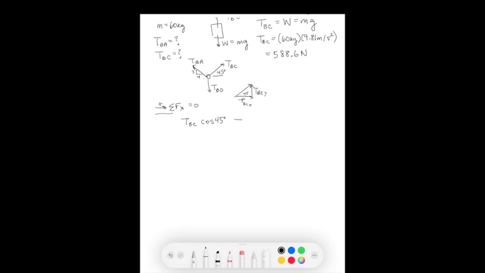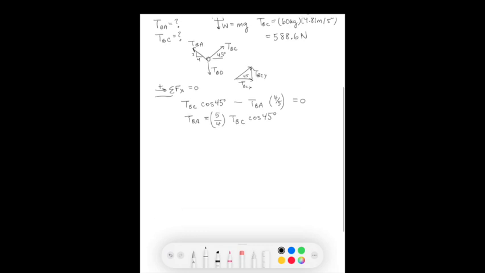In the negative direction, or pointing to the left, we have the force TBA, and that's 4 over 5, again based on that triangle, is equal to 0. In this case, we can solve for TBA as equal to 5 over 4 times the force BC times cosine of 45 degrees.